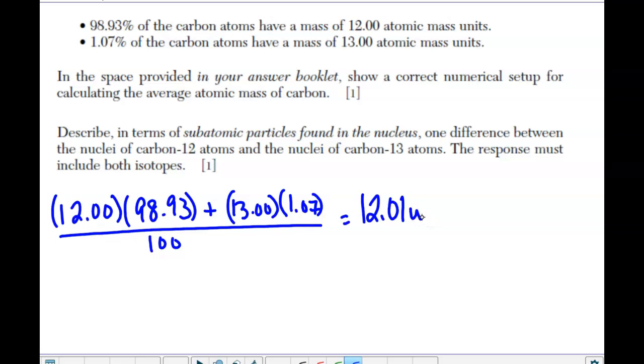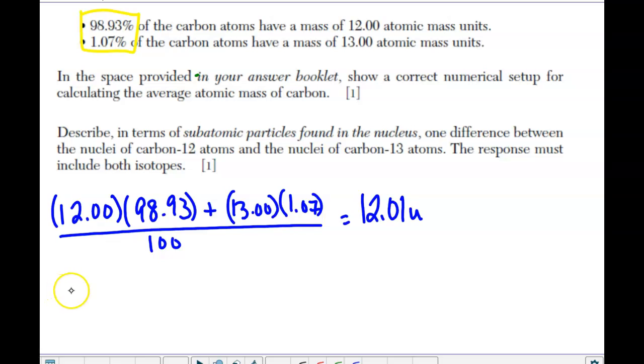Now, there's another way to do this where instead of dividing by 100 at the end, you change the percentages into decimal percents. There's a reason I don't do that. The reason is because when I change these numbers into decimal percents, I could write this equation out differently.